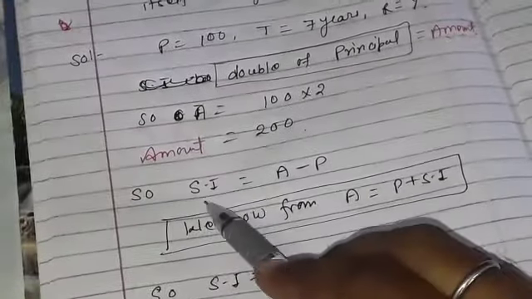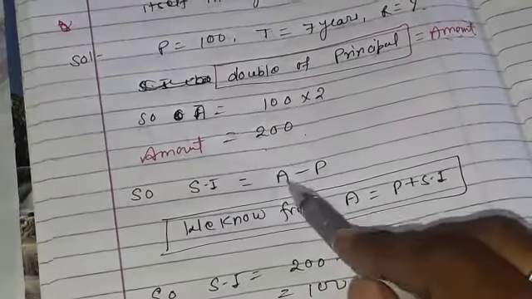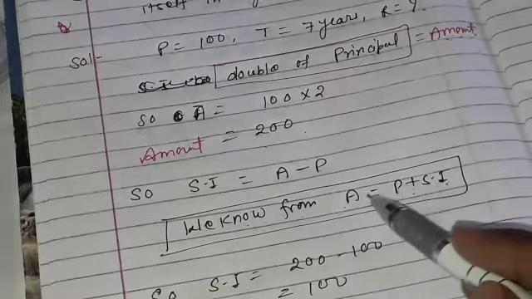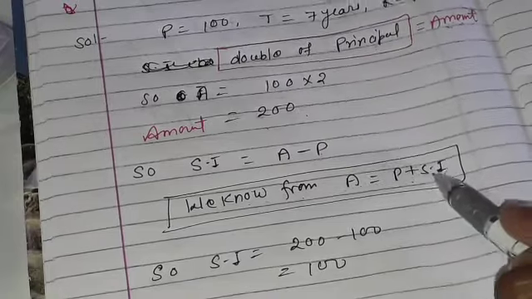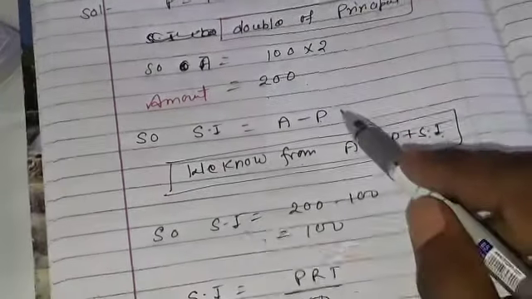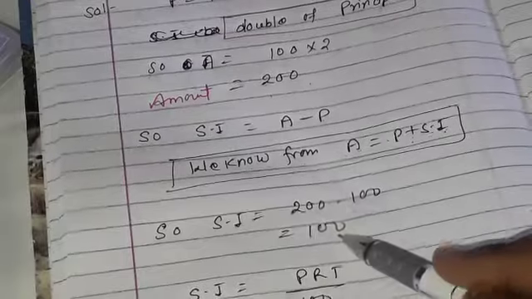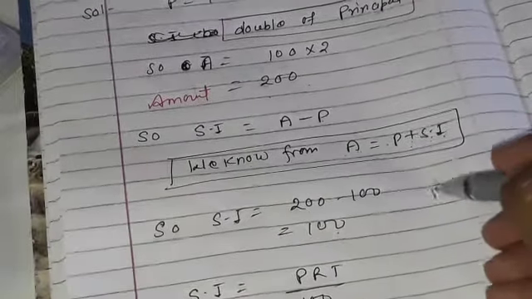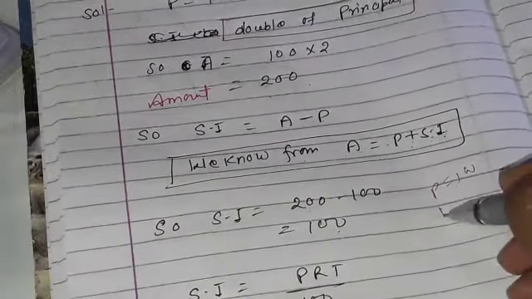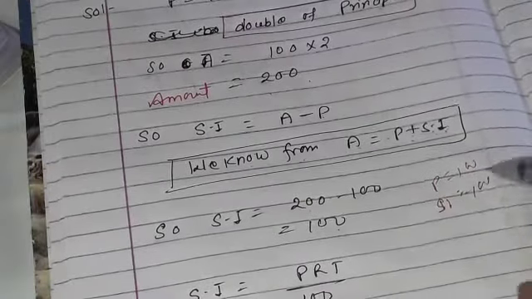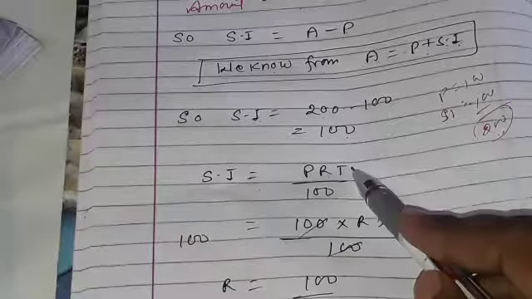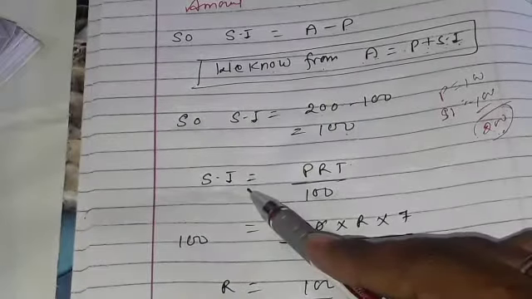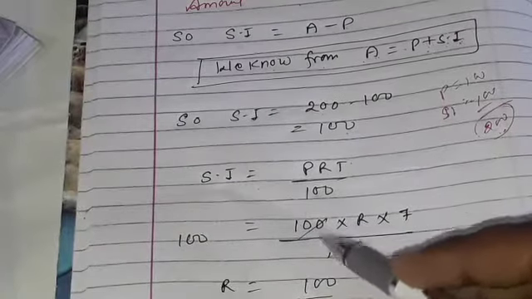So what is your simple interest? You all know, amount minus principal. We know the formula, A is equal to principal plus simple interest. So simple interest is equal to amount minus principal. So your simple interest is 100. It means, class, your principal is 100 and in 7 years you have 100 rupees simple interest. That's why your amount will be 200. Understand? So put the values of simple interest and principal in this formula and you can find your rate of interest.